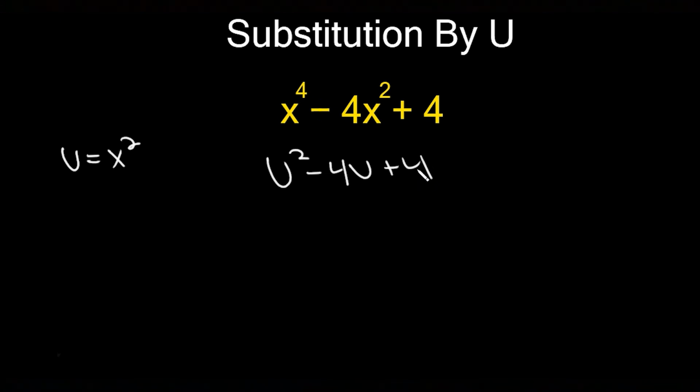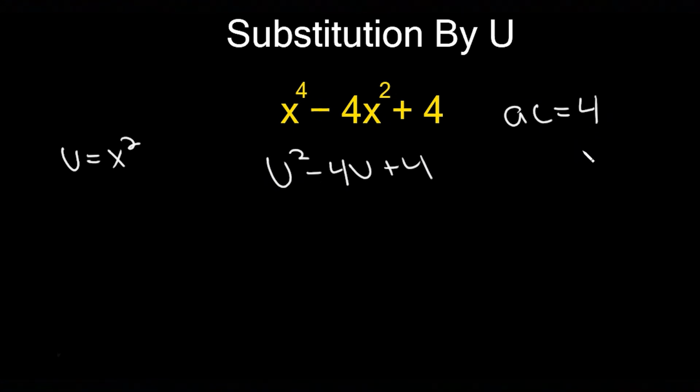And from here, you can go ahead and factor it. You can see that I'm dealing with a quadratic. So what we're doing is we're manipulating it, right? And once we're done manipulating it, we'll go ahead and resubstitute back in what u actually is. So at this point here, I can do the AC method, a times c, okay? My a value here will be 1, and my c value is 4, so I get 4 when I do a times c.